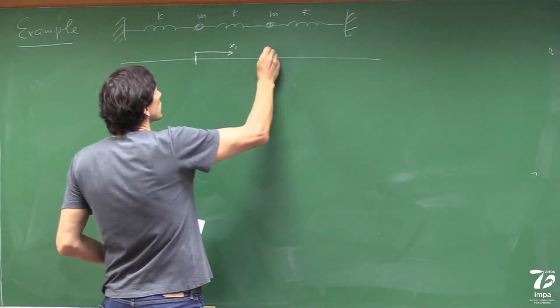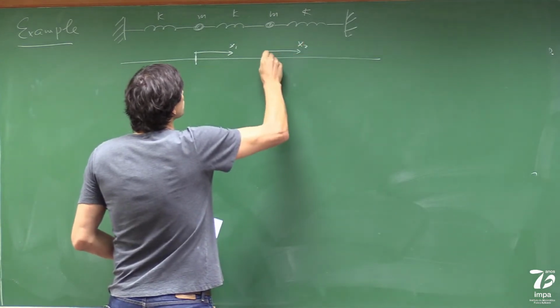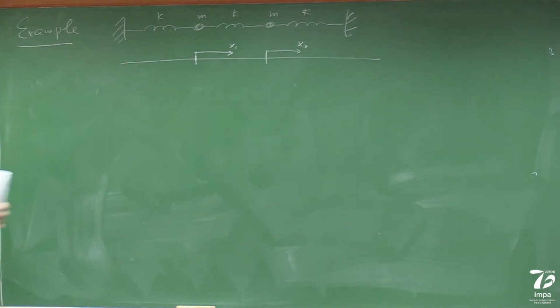And also we compute x2 as the position of the second mass. So x1, x2 is the position of each mass computed starting from the equilibrium. So any displacement is given by these x1, x2 coordinates.